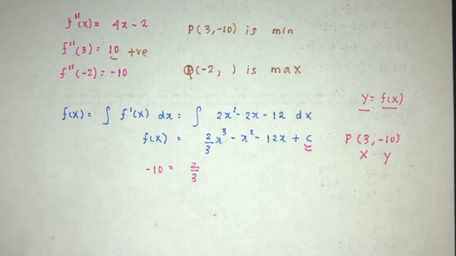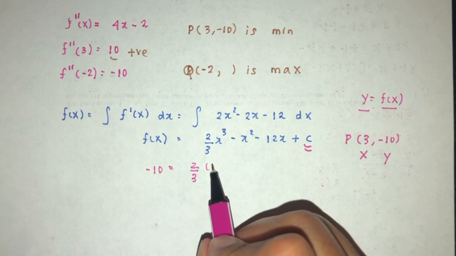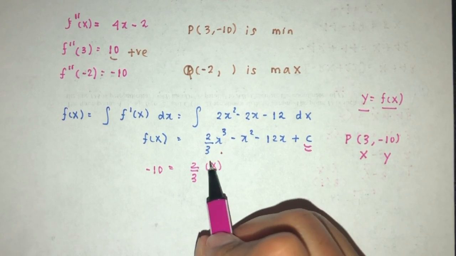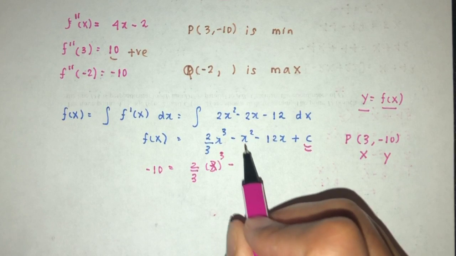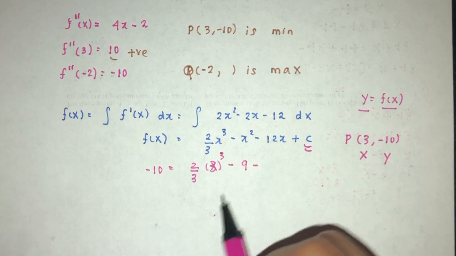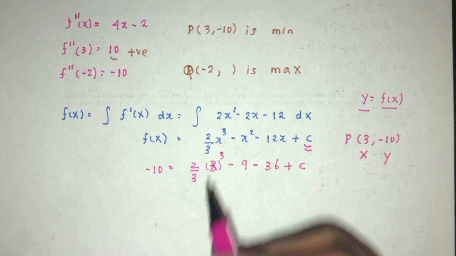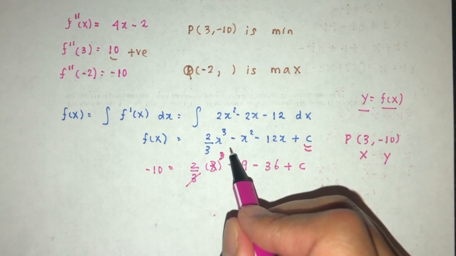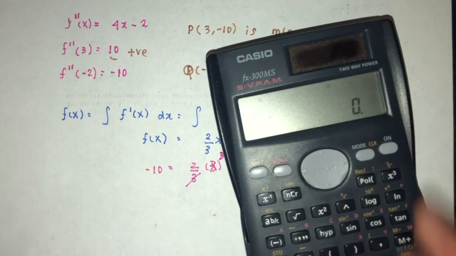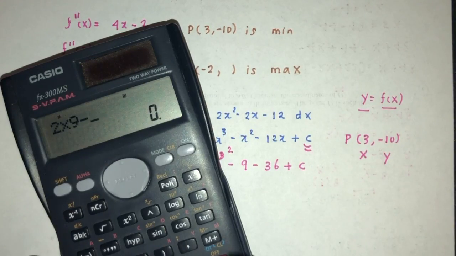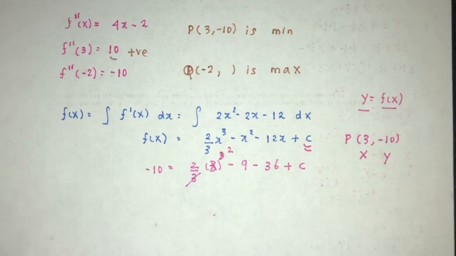Replace back in here, we have this, and then here we have x to the power 3. That should be 9 minus the value of 36 plus c. Simplify. That will cancel out, that should be 2. So we have 2 times 9 minus 36, that will be minus 27.